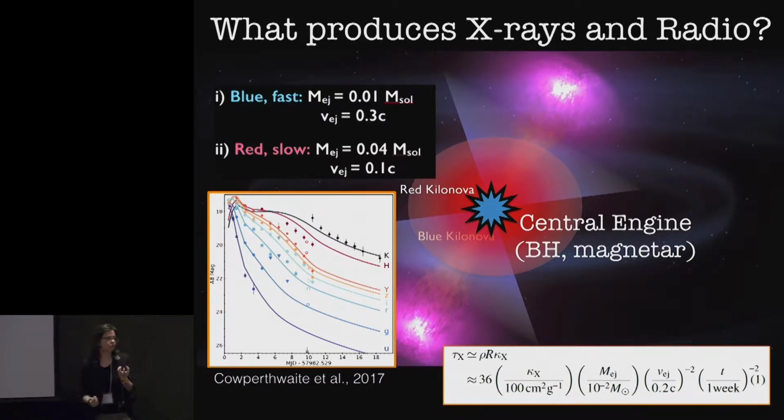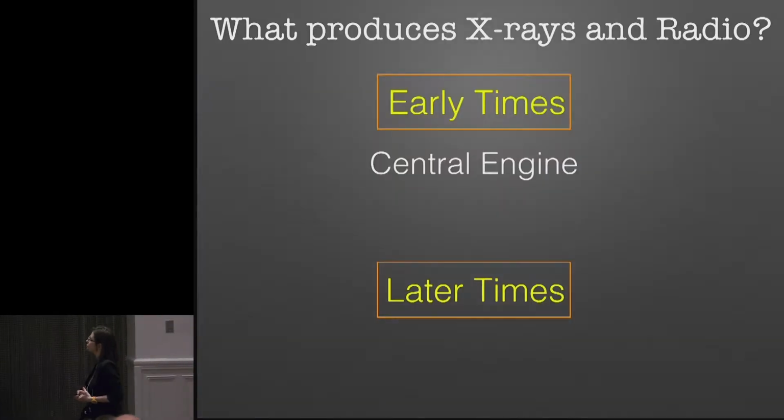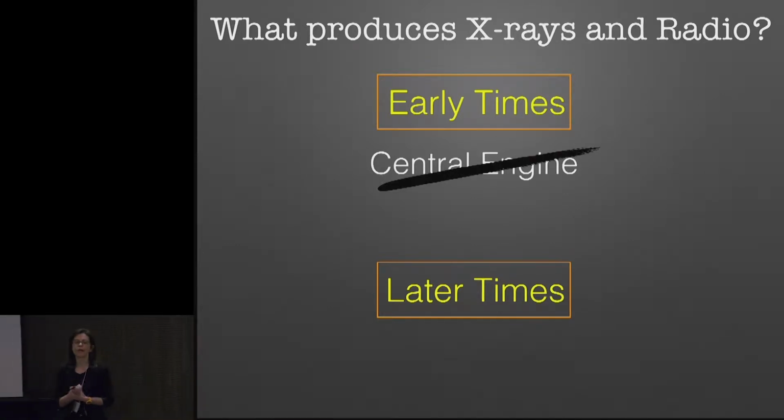So the emission from the central engine had to fight its way through this kind of ejecta, and if you do numbers, it turns out that at early times, emission is unlikely to be able to escape. It might have been there, but it was unlikely to escape. So at very early times, I would say that it's extremely unlikely that we would have been able to see emission from the central engine by itself.